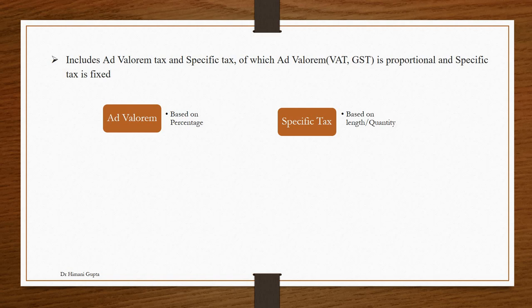So whenever the tax amount is fixed, irrespective of the value, it will be named as specific tax. In ad valorem tax, when the price of the goods increases, the tax amount also increases because it is based on percentage. But in case of specific tax, if the amount of the product increases, the tax amount does not increase.